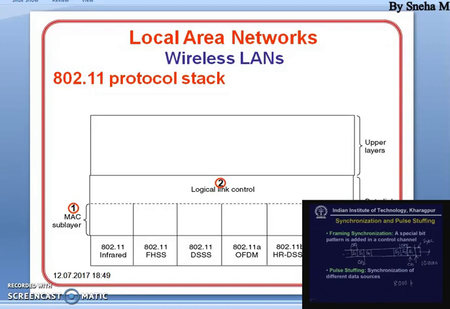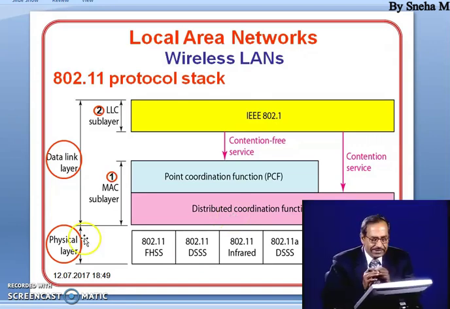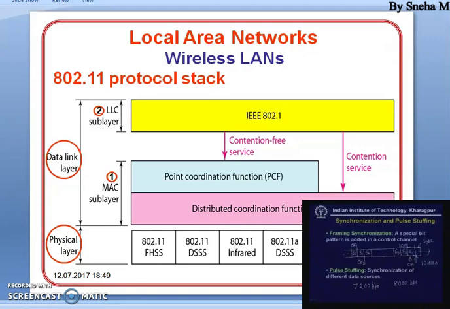Furthermore, the MAC sublayer is expanded in this diagram. Here you have two types of functions, the point coordination function and the distributed coordination function, which are functions of the MAC sublayer. You can also see the physical layer. It can implement any of the transmission methods like FHSS, DSSS, infrared, OFDM, etc.